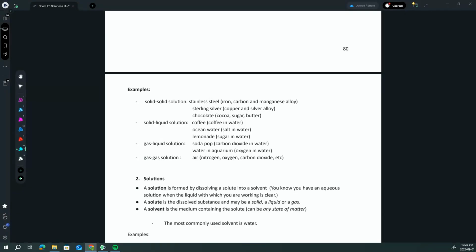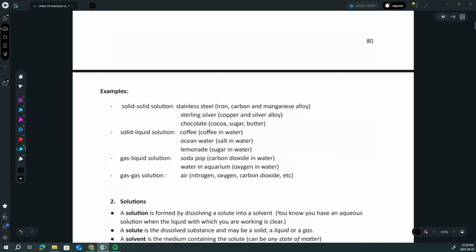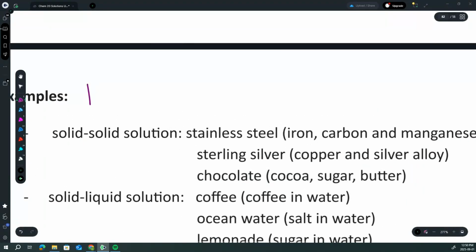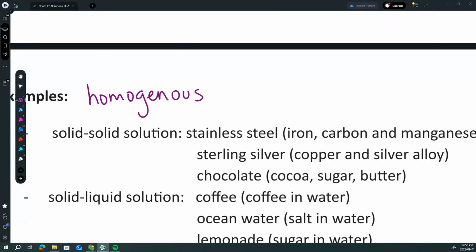All of those are solutions because you can't tell the different parts of each of those solutions I just listed. Homogeneous mixtures and solutions are the same thing, just two different words.